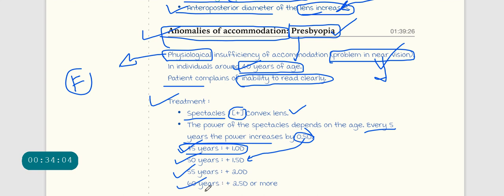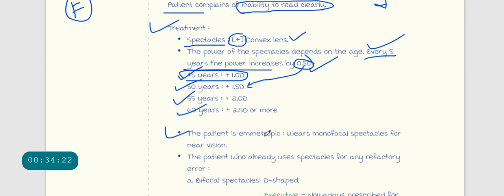Now the patient in presbyopia is emmetropic, means he wears monofocal spectacles. This is for the near vision, as we discussed. So it is emmetropic. Now the patients who already use spectacles have a problem.